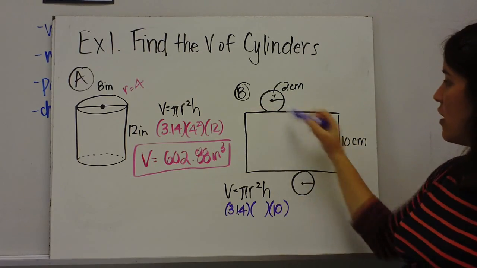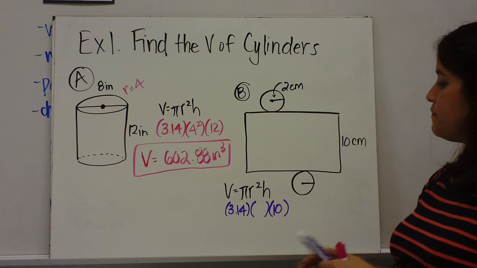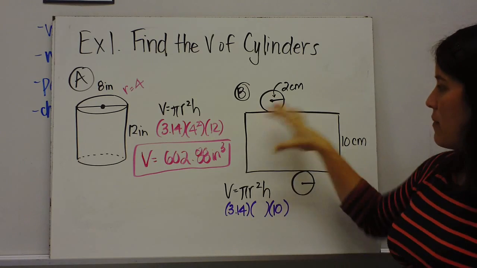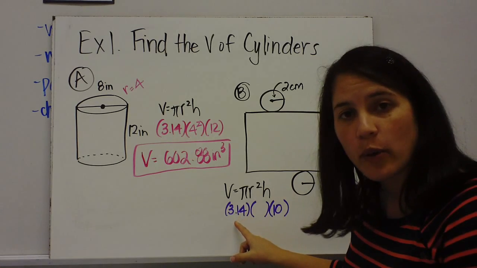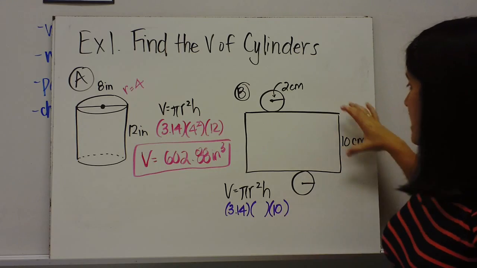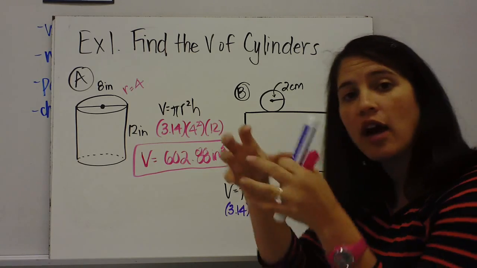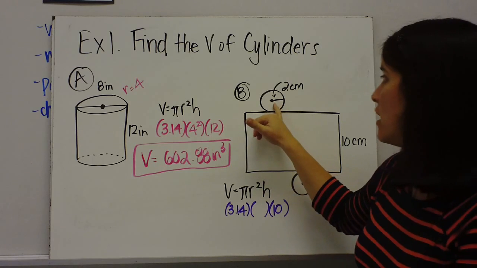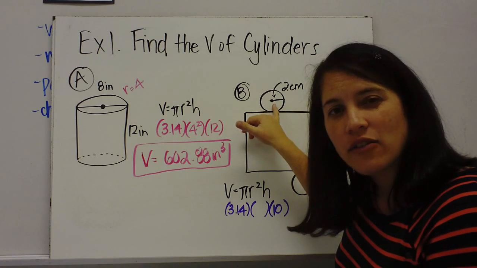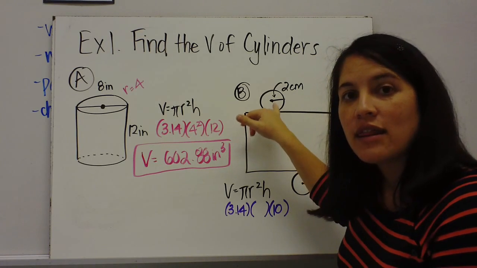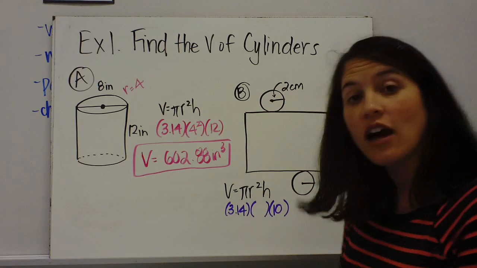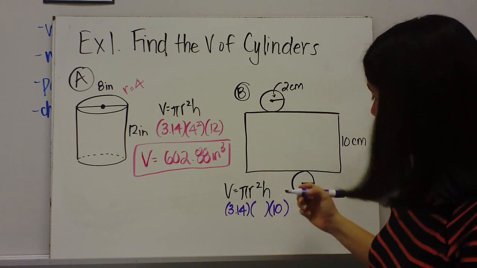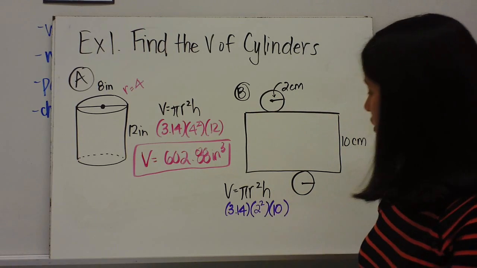Let's do this example with the net. I have my 2 circles, and then I have my middle. Pi, 3.14, and then the height is 10. Because if this rolled up, it would be 10 centimeters high. Now the radius, I left that blank because is that the radius or is that the diameter? This is the radius, so we don't need to cut it in half, so we use 2, and we type in 2 squared.